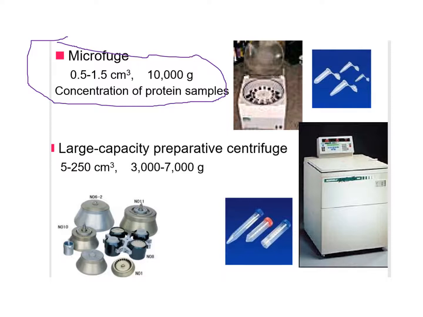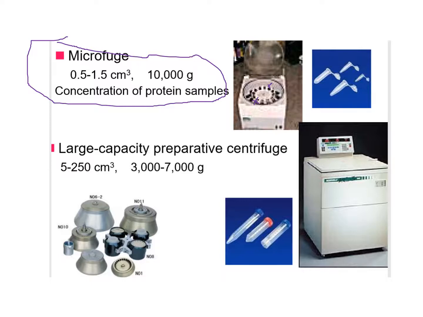And then you put it into these little black holes. This is a rotor, and these holes are where you put your tubes, and they need to be balanced. So if I put a tube here, then I have to put a tube there with the same amount of liquid to balance it.